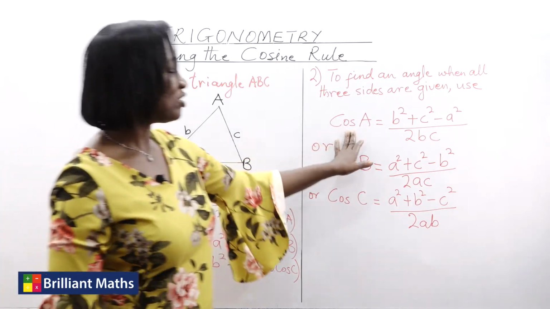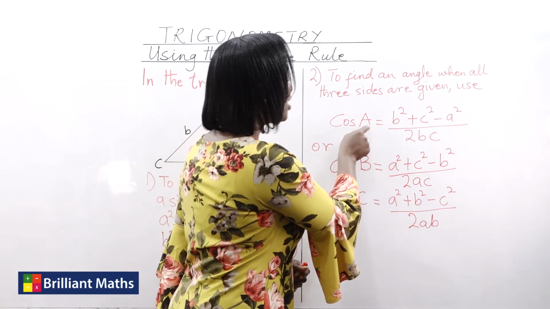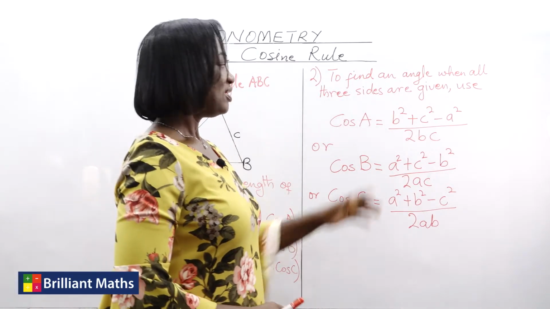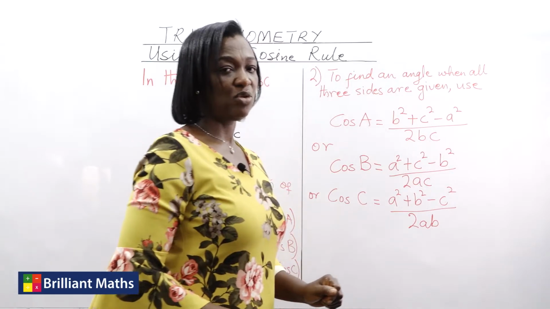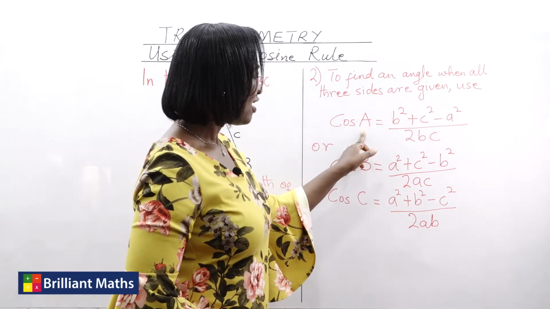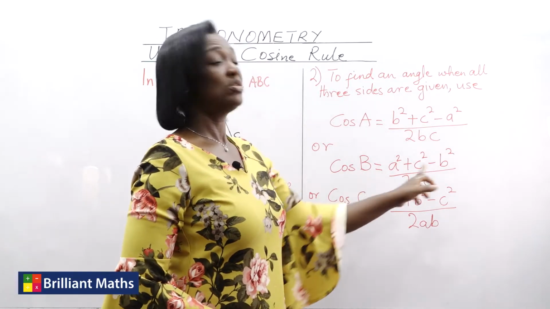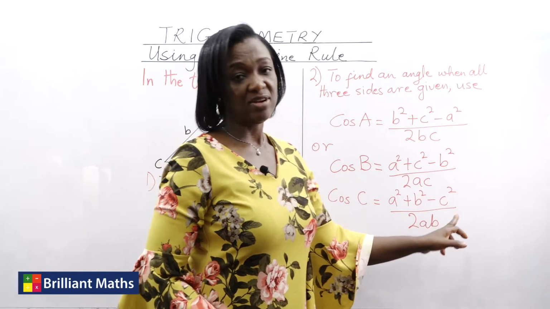If you're finding cos A, take note, the angle you are finding, the side must be negated on the other side of the equation. So for cos A, you have minus A squared. If you are finding cos B, then it must be minus B squared. And if you are finding cos C, you must have minus C squared.